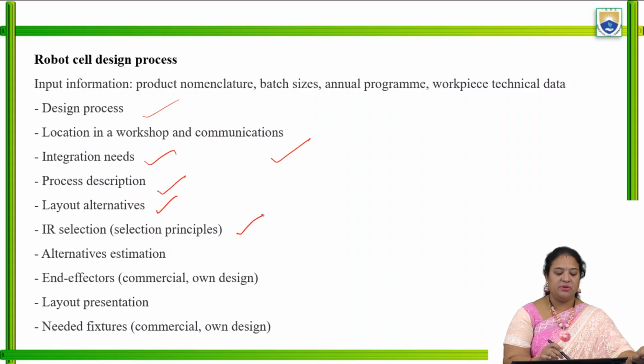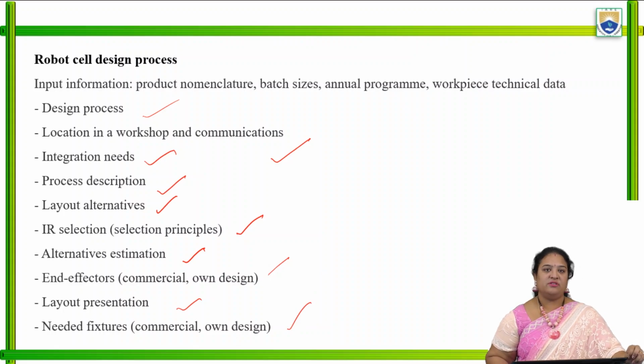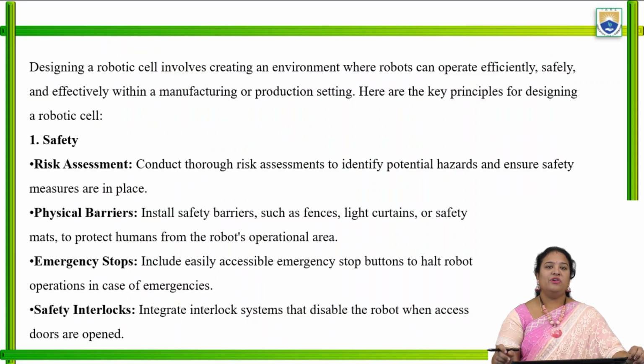What is the selection principle, or what is the alternative estimation which we are coming across, and what are the own designs of the end effector, or the layout presentation, or the commercial or the own design that is needed fixtures. That is also very important. So when we are designing any particular cell, it involves the environment where the robot can operate very effectively and very safely within the manufacturing or the production setting.